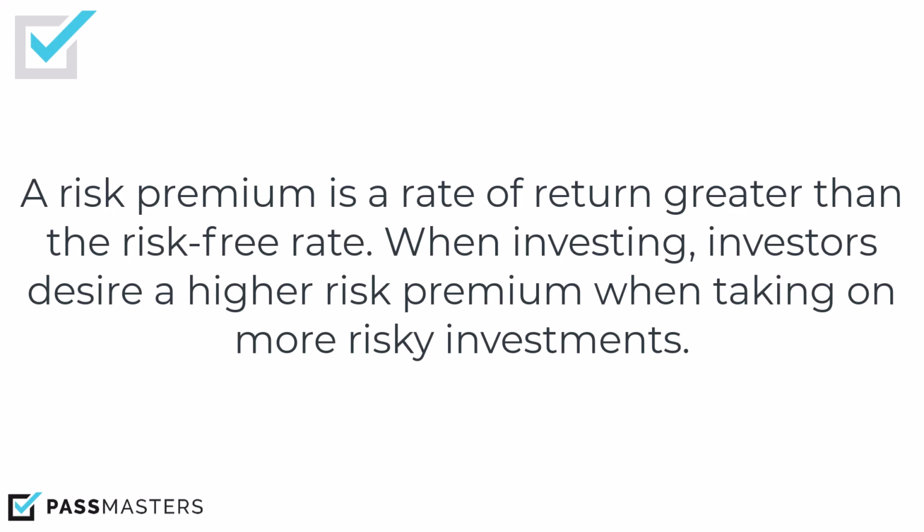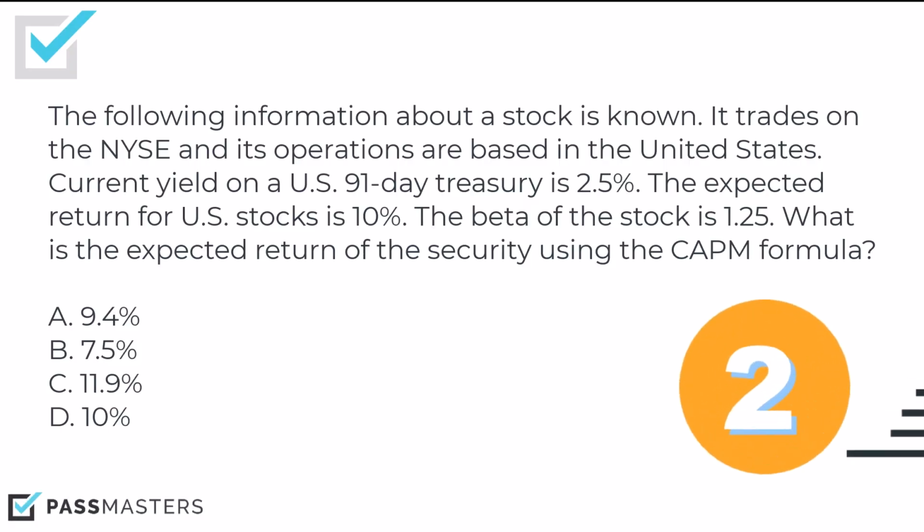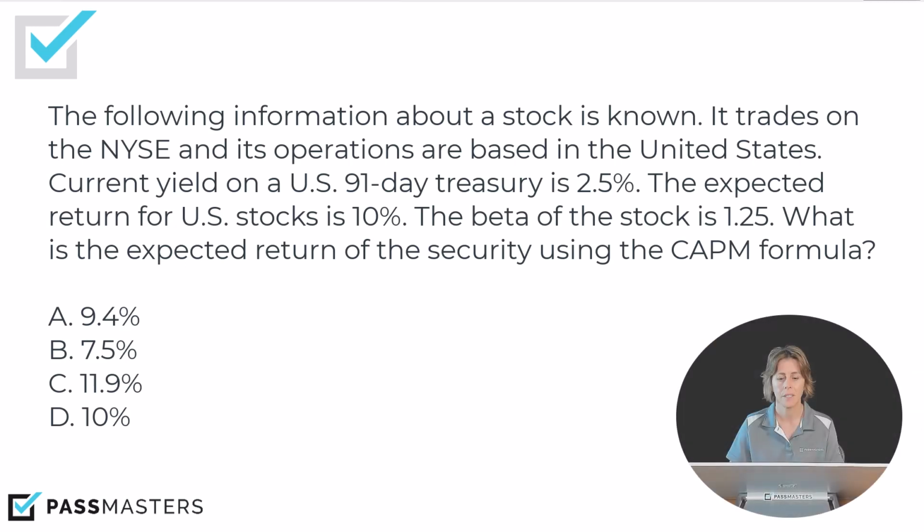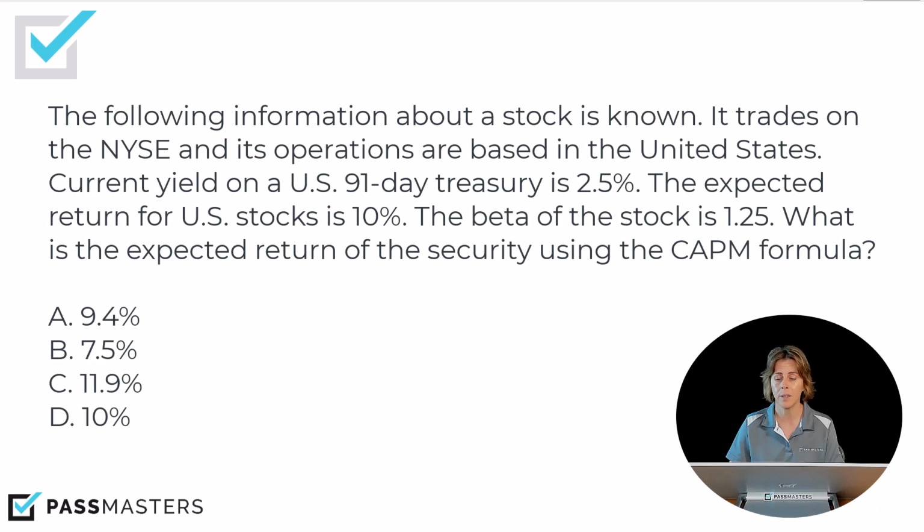We know that. Let's practice a question related to expected return with the capital asset pricing model. The following information about a stock is known. It trades on the NYSE and its operations are based in the United States. Current yield on a US 91-day Treasury is 2.5%, so that's going to be our risk-free return.